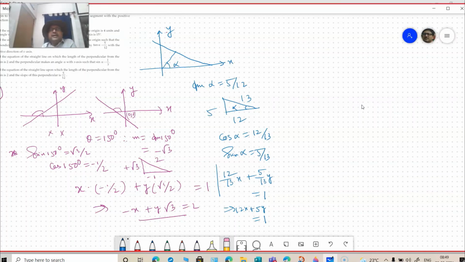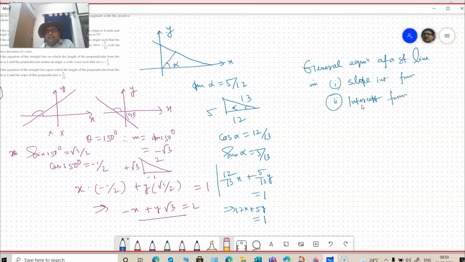So the topic is how to convert the general equation of a straight line in number 1 slope intercept form, number 2 the intercept form, and number 3 the normal form.